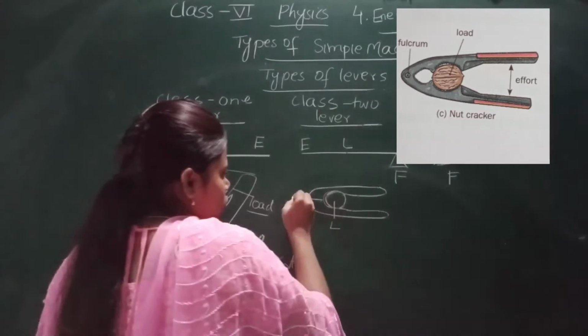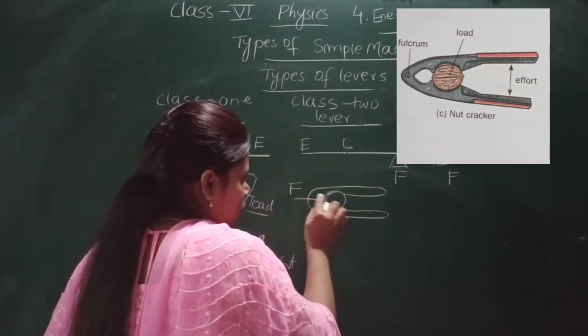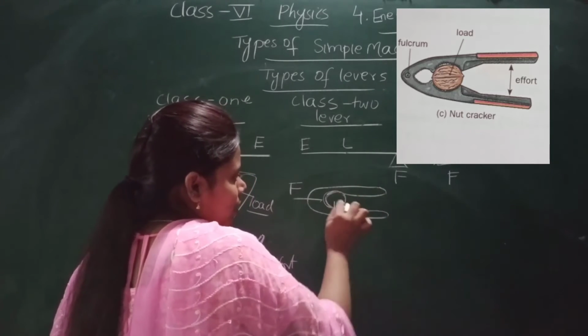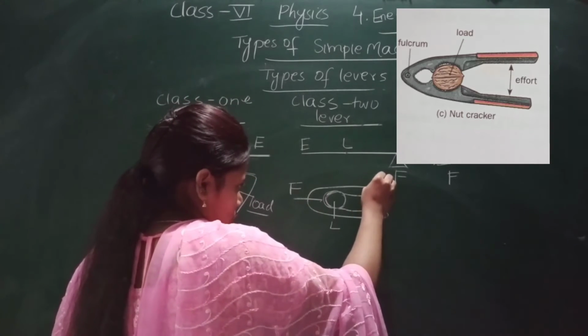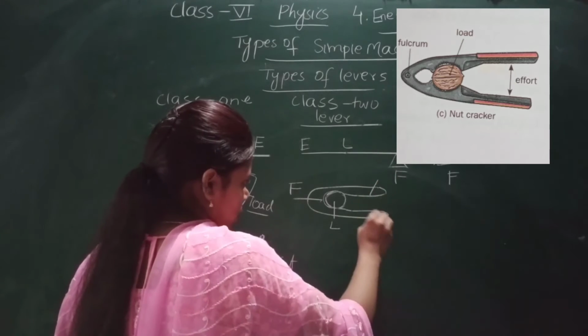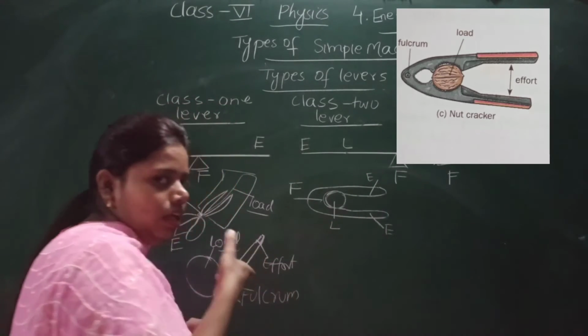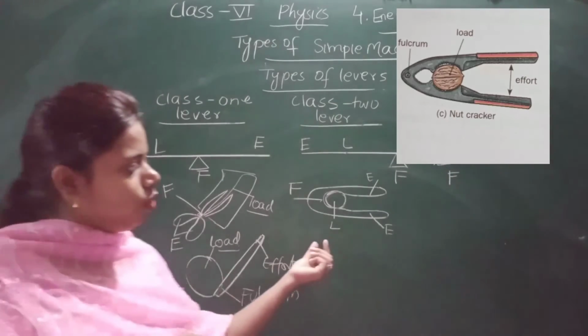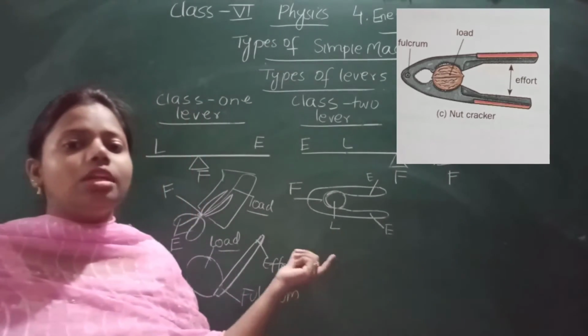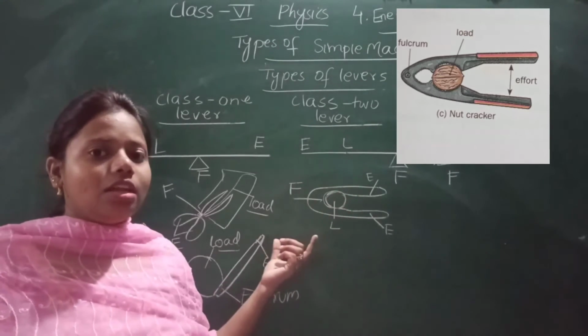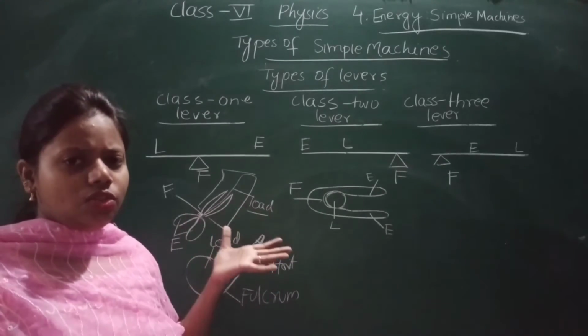This one is your fulcrum, and here you apply the effort to crack this nut. So you can see now that the load is in the middle. So this one is what? Class 2 lever. Nutcracker is a class 2 lever.